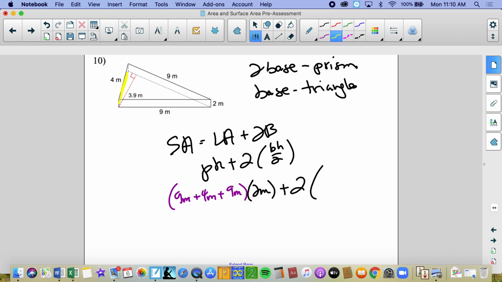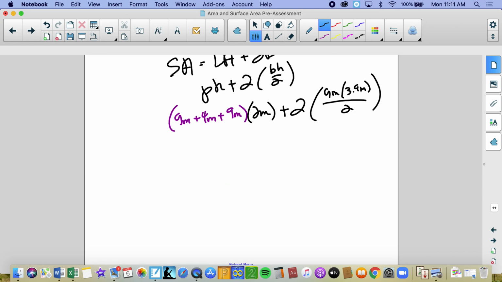Do I have a distance from the base to the top that is perpendicular? Nope. So I need to use this line, which is 9 meters, because I have a perpendicular base from the bottom of the object to the top. So my base is going to be 9 meters times the height, which is 3.9 meters, divided by 2. That would be my base area.